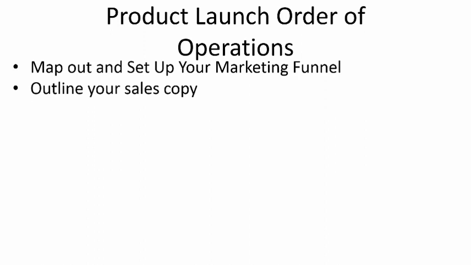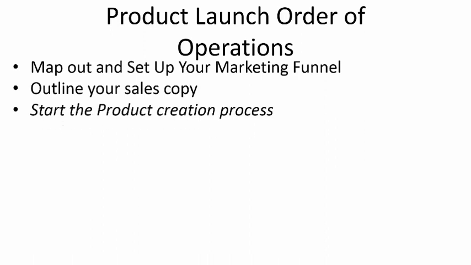This again will help you to determine what you put in your product. What you don't want to do is create the entire product first and then go to the marketplace with it. You want to go to the marketplace, determine what you know is going to sell, and then go and create your product. And once you've done that, you can then start the product creation process.